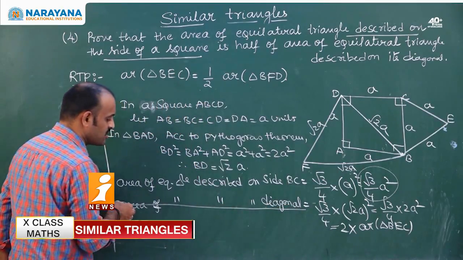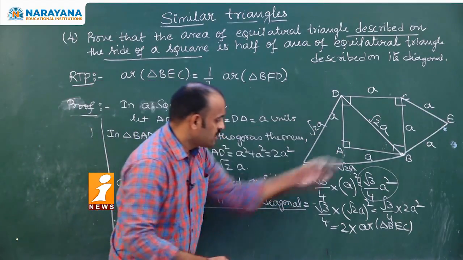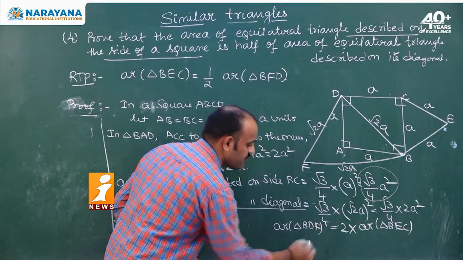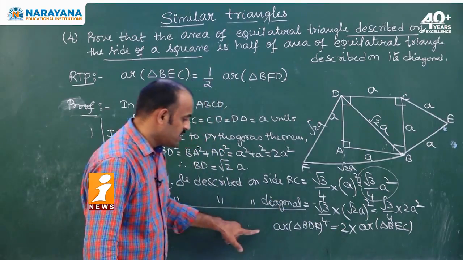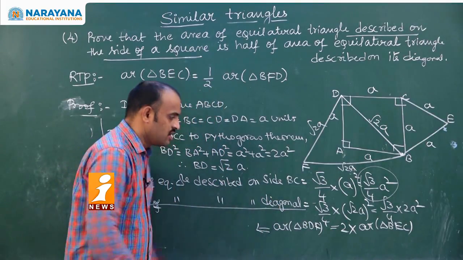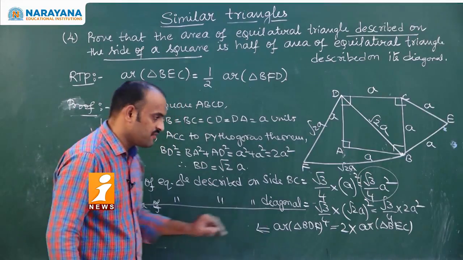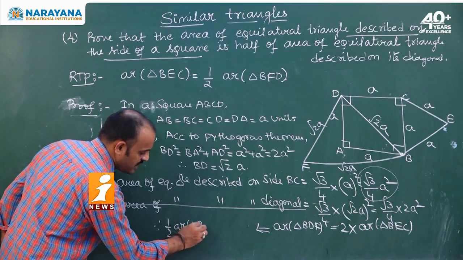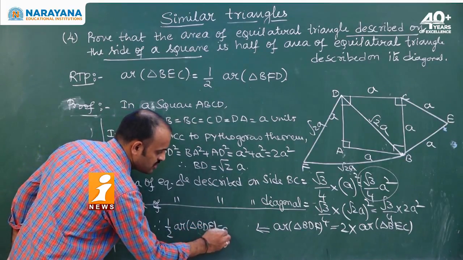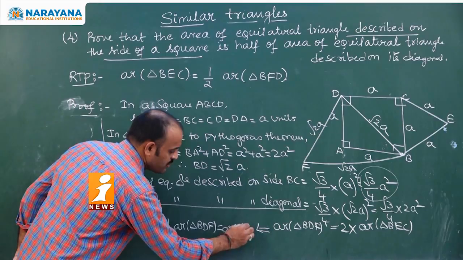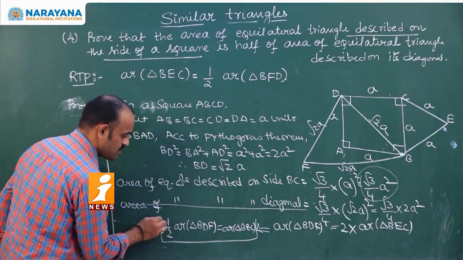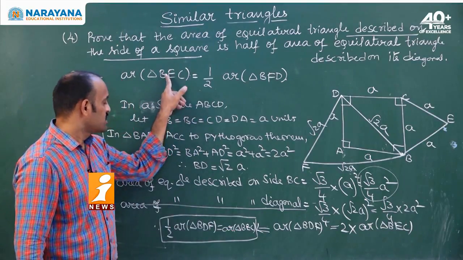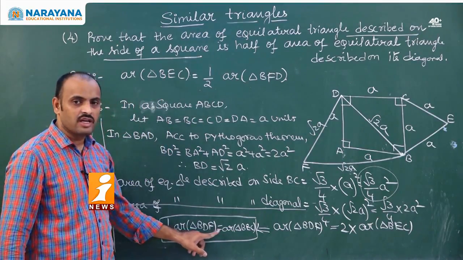What is the area of triangle described on the diagonal BD? Area of triangle BDF. If I bring the 2 to this side, it will become half. Therefore, half of area of triangle BDF is equal to area of triangle BEC. That's what we need to prove. Area of triangle BEC is equal to half of area of triangle BDF.